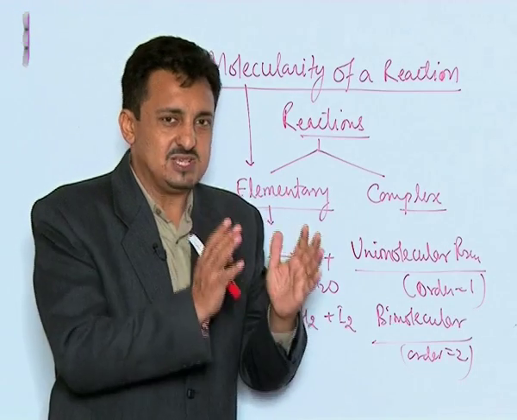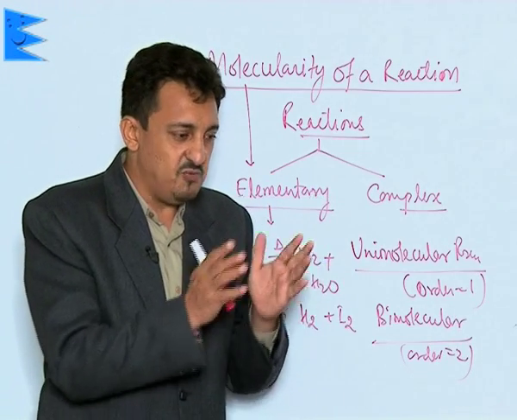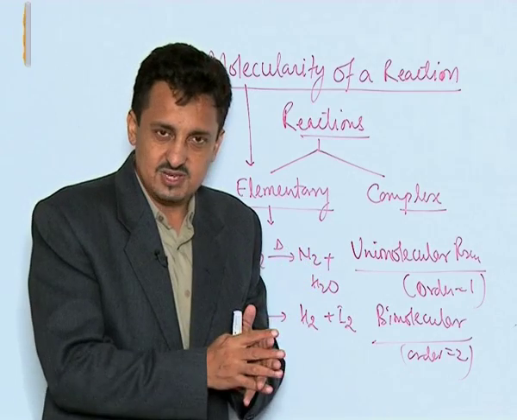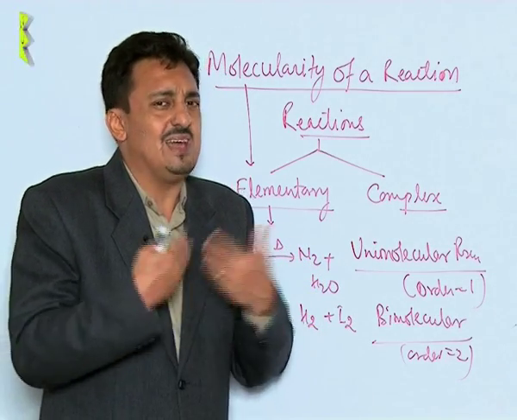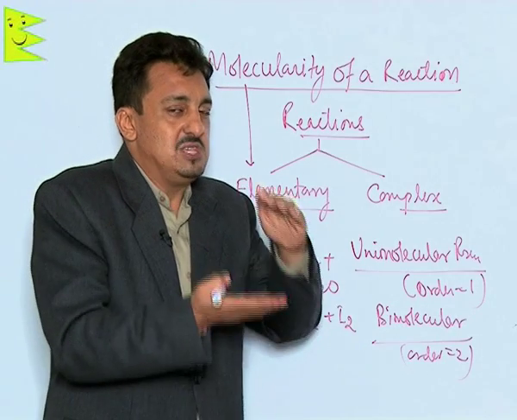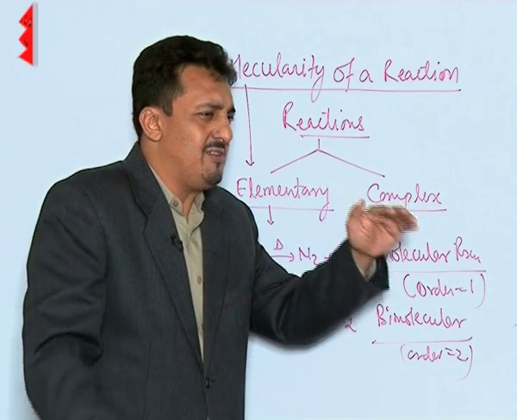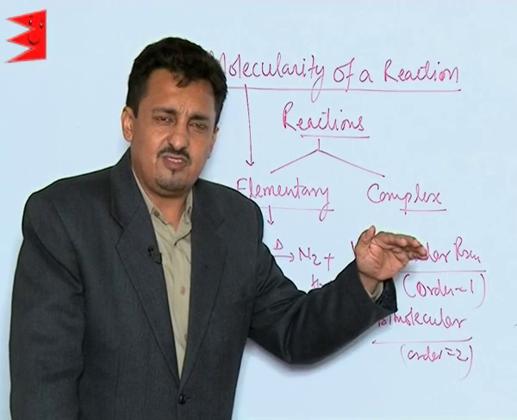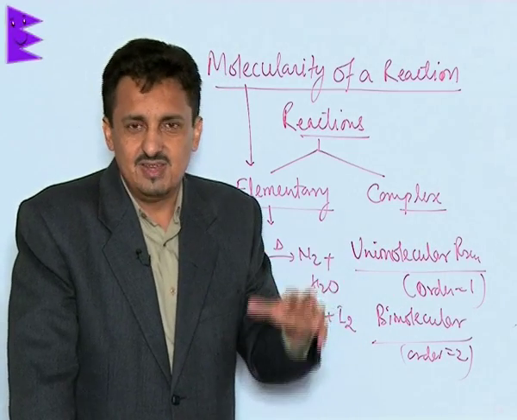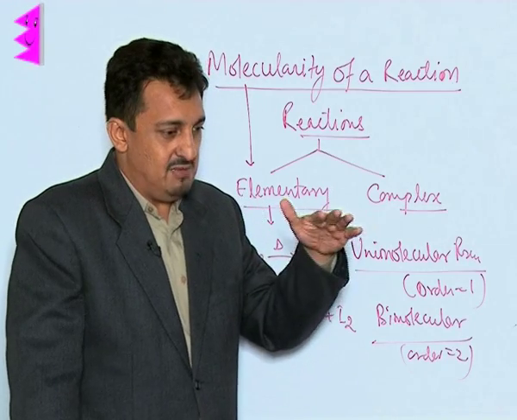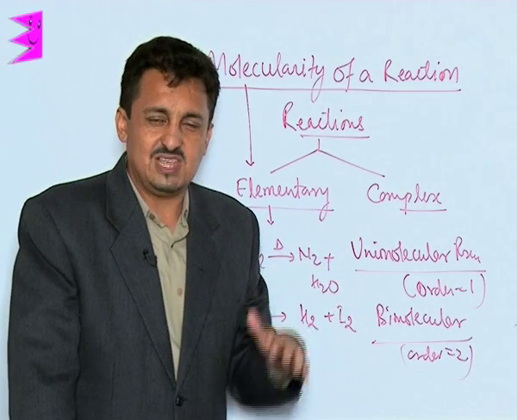Our purpose of giving molecularity is to find out what exactly the order of the reaction is. The basic idea is to give a theoretical explanation of why stoichiometric coefficients are not the order of the reaction, because the reactants are not all reacting simultaneously, or the reaction takes place quite slowly in different steps.